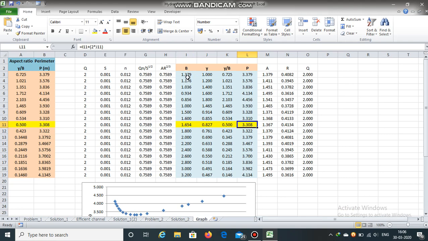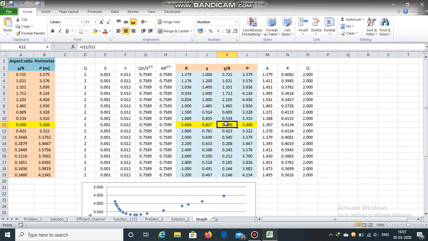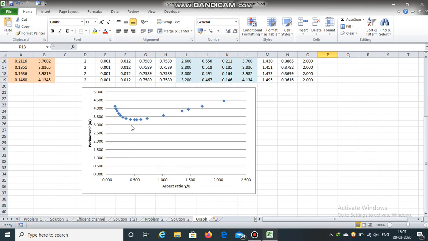Here different values of B and Y have been used. Again we see that when y divided by B is 0.500, a hydraulically efficient channel is obtained, which means that perimeter is minimum. It can be seen from this graph also.